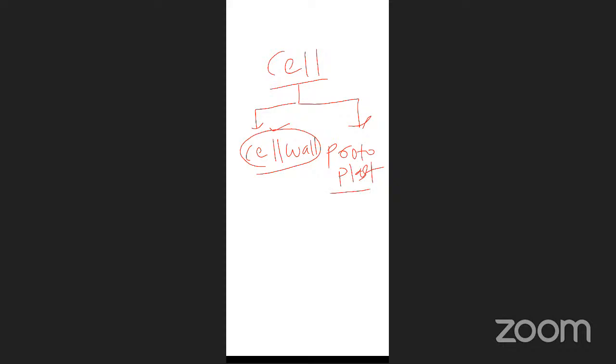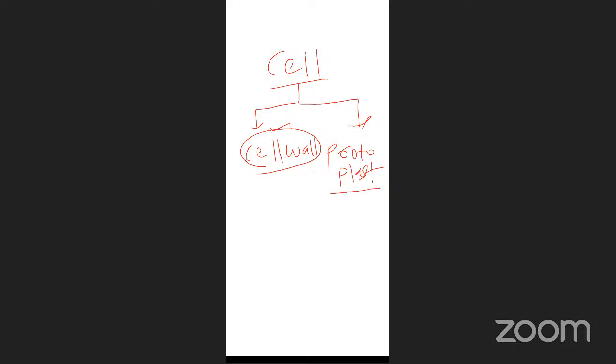In a plant cell, clearly there are two components. One is the cell wall, right? The rest of the part inside the membrane is called the protoplast. We know the cell wall is made up of cell wall material, so no need to explain here. And what is present inside the protoplast?